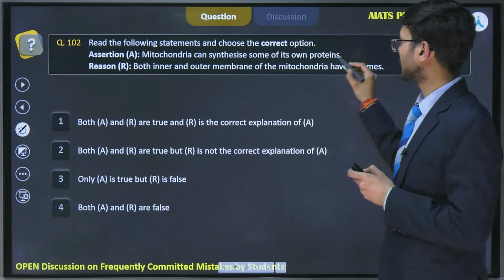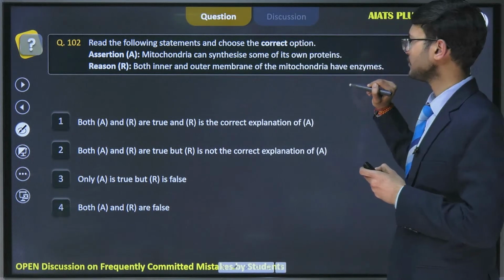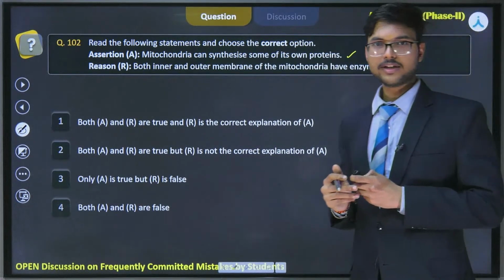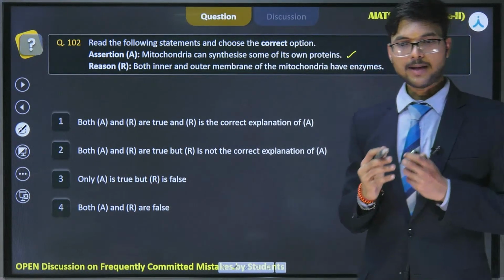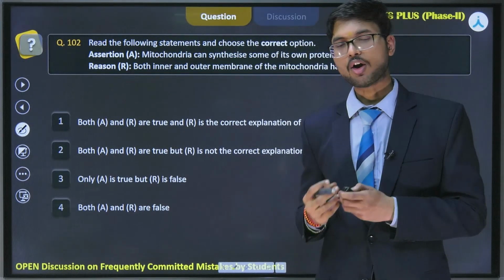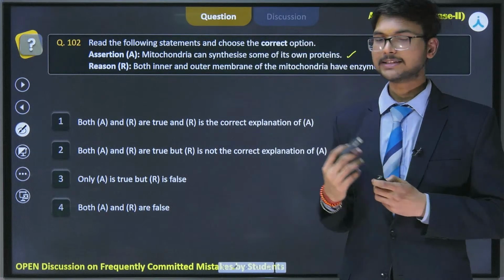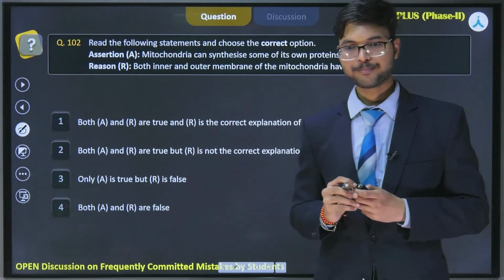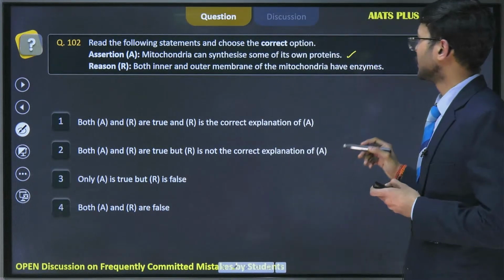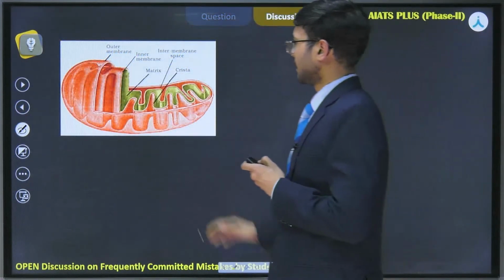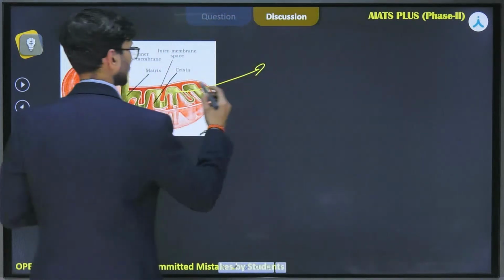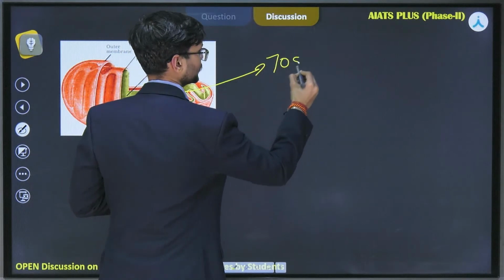So let's see the assertion. Mitochondria can synthesize some of its own proteins. So this statement is true, right? Because mitochondria consist of ribosomes. Now tell me what kind of ribosomes are present. Is it 70S or 80S type of ribosomes that are present in the matrix of the mitochondria? Yes, you will find that the mitochondrial matrix contains 70S type of ribosomes.